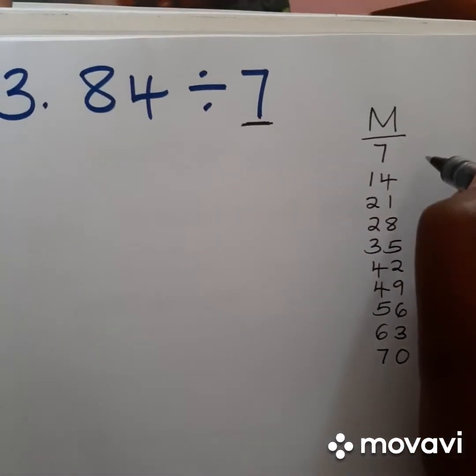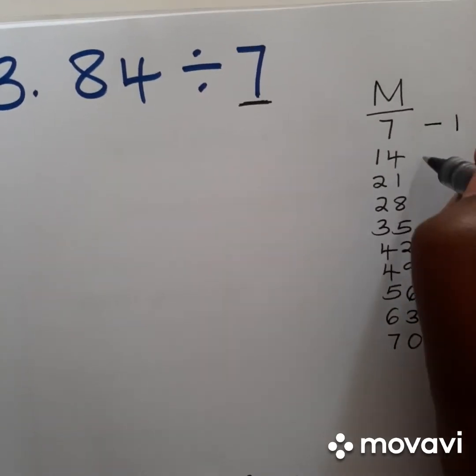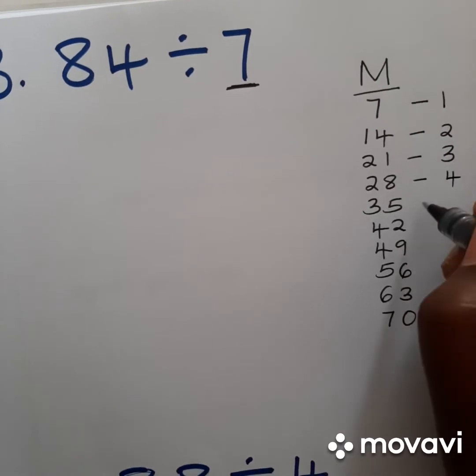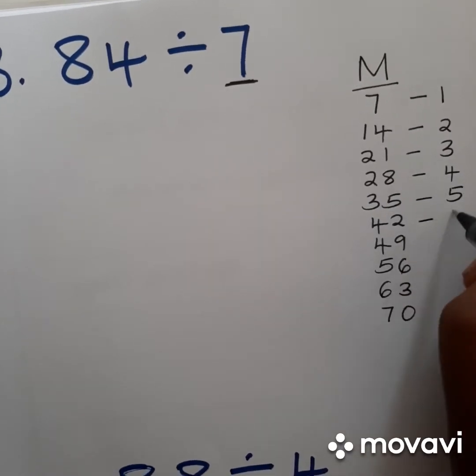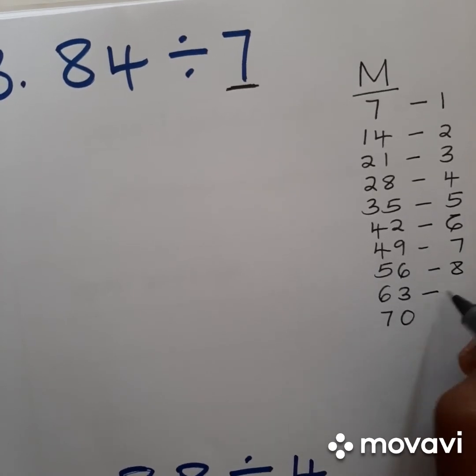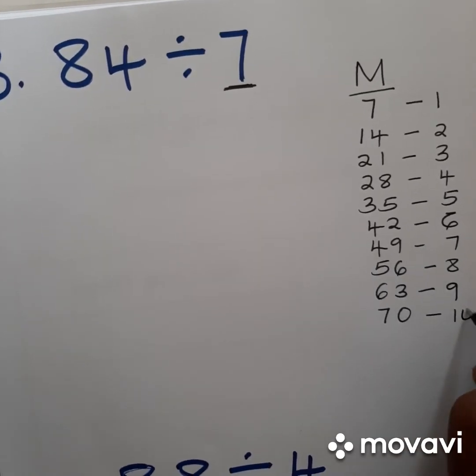So this means 7 times 1 is that, times 2, times 3, times 4, times 5, times 6, times 7, times 8, times 9, and times 10.